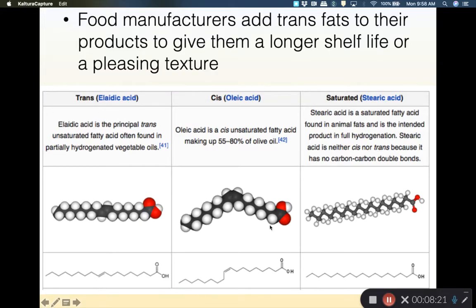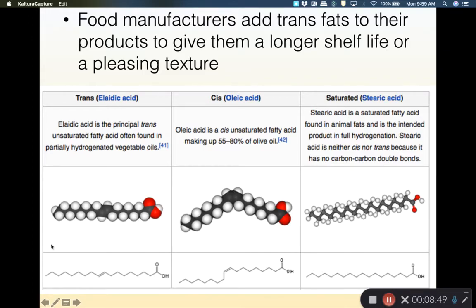And this kink is what allows it to stay liquid at room temperature, because essentially these molecules can't stack on top of each other. However, if we look at a saturated fat, such as something that is found in animal fats, we see that there's no double bond here. And this lack of a double bond allows these fats to stack on top of one another and be solid at room temperature.